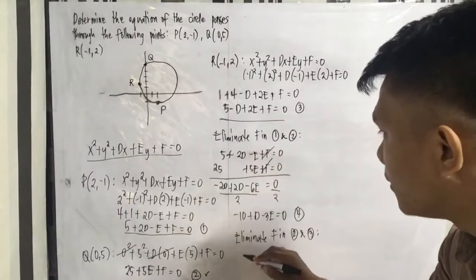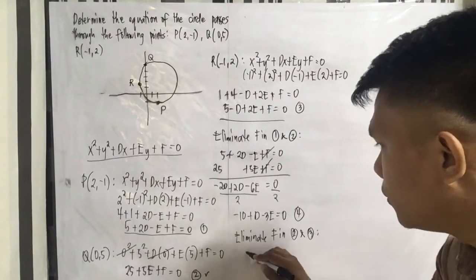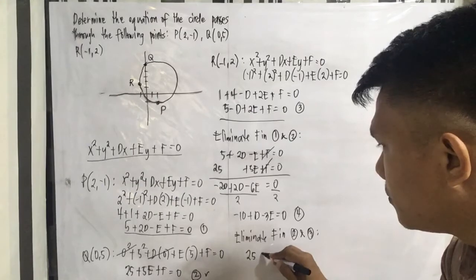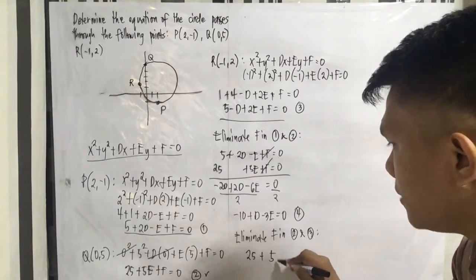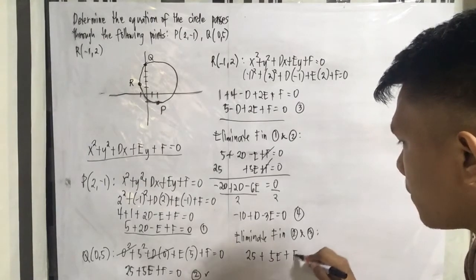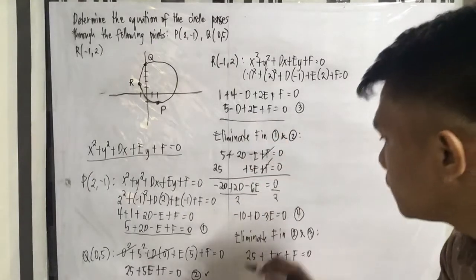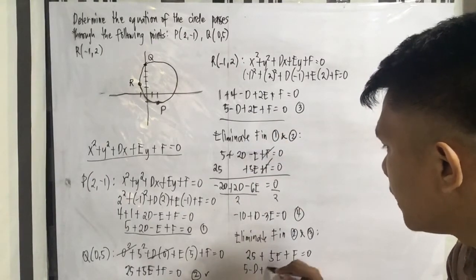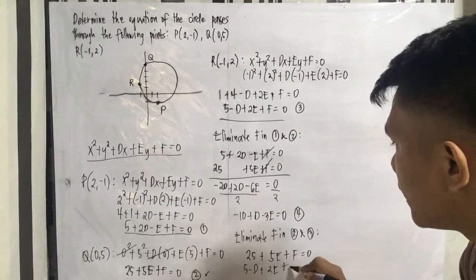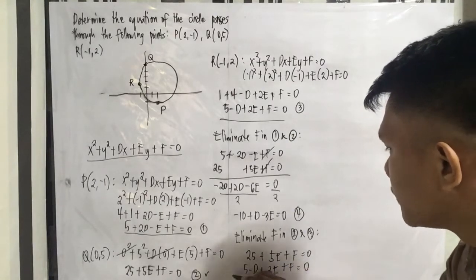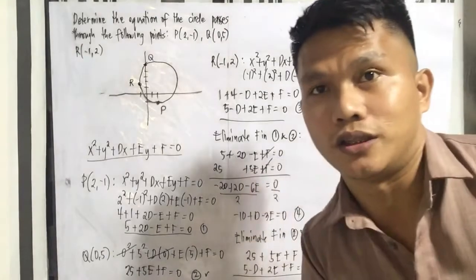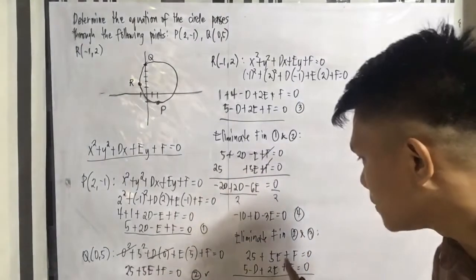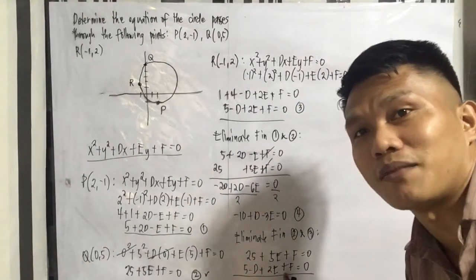So we have equation 2, 25 plus 5e plus f equals 0. And then we have 5 minus d plus 2e plus f equals 0. Still, we can use subtraction.